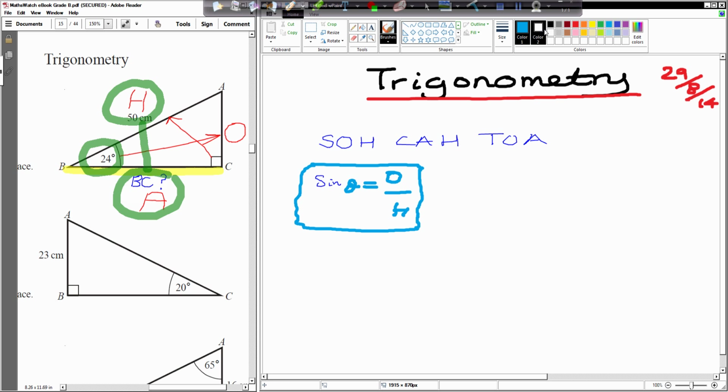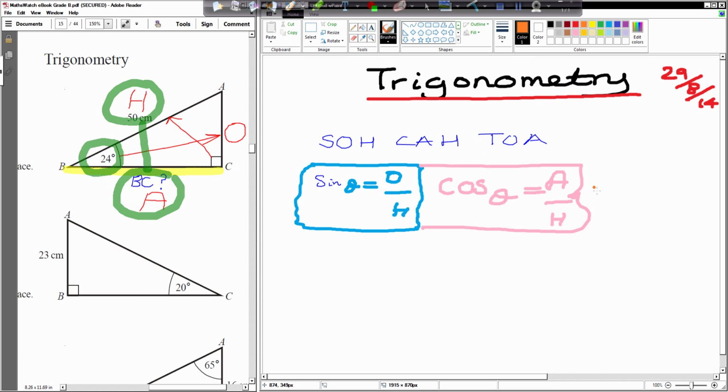Next we have the cos. Okay, so we say cos, which stands for cosine of the angle, is equal to the adjacent divided by the hypotenuse. That's a second trigonometrical identity. And the last one is the TOA.